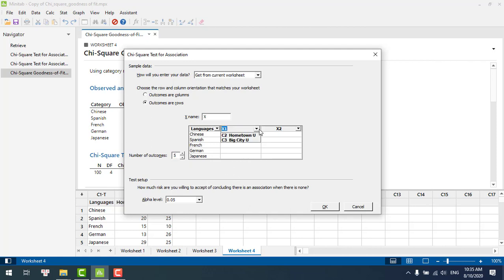Here you're going to put one university, so let's put hometown here, and automatically it enters the values. And then here we're going to put big city, and automatically enters the values. Okay, so make sure you do your worksheet in the right order. So here you have to get from current worksheet, and then number of outcomes. You have 5. We have 5 languages, and then here you're going to put one university, and the other university, of course, 95% confidence interval, and we click OK.